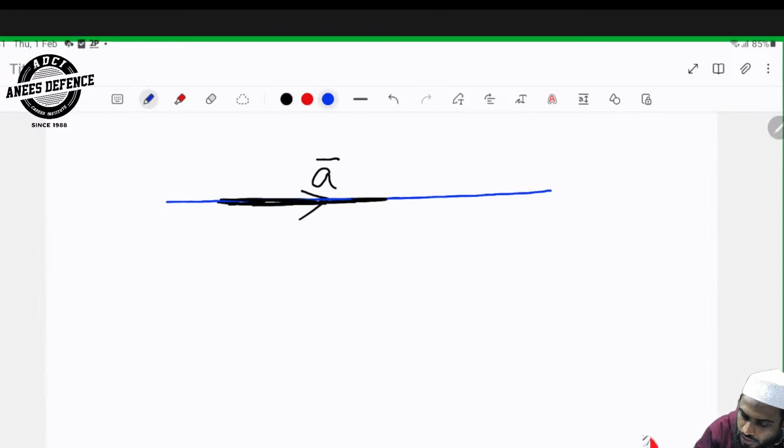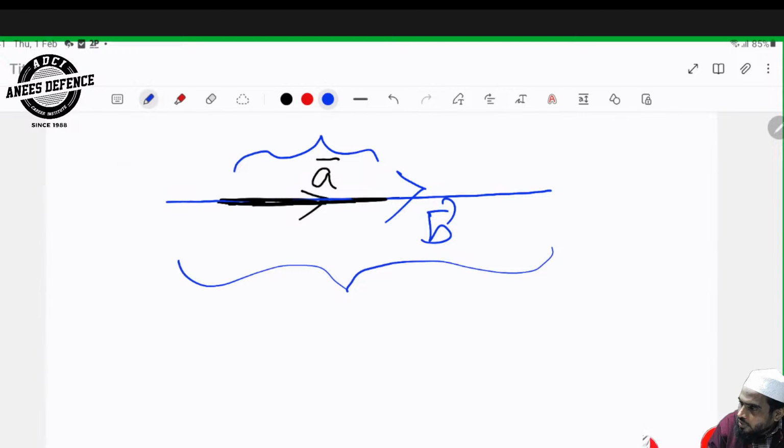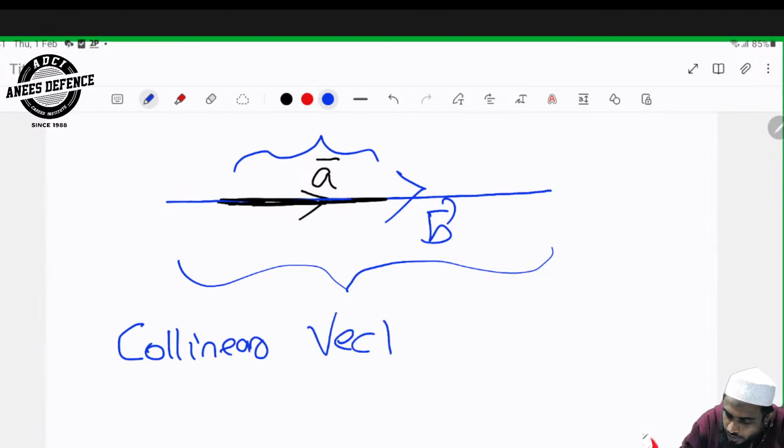For the second vector, the length is this much. You can have equal length or not, but you can see that one vector is above the other. You can call it a collinear vector.